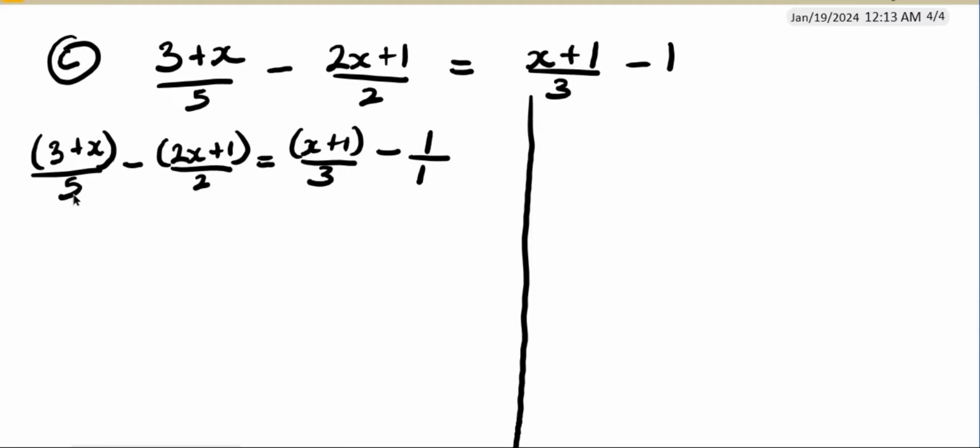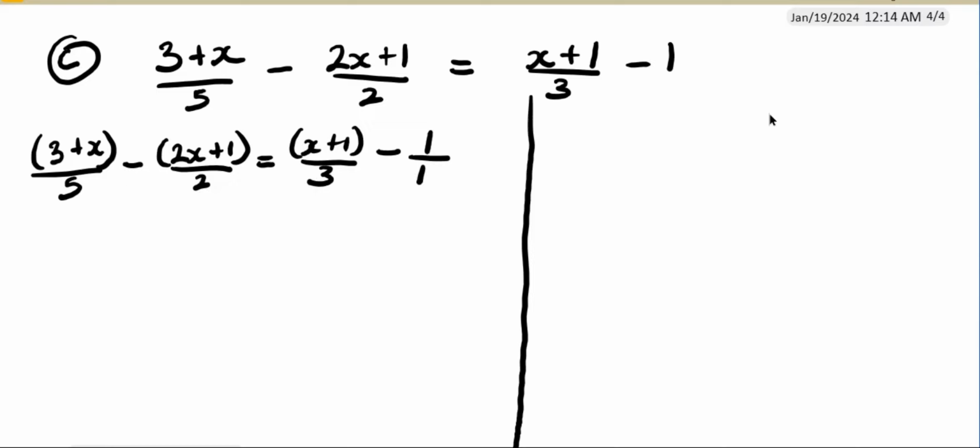Okay, so 5, 2, 3, and 1, the LCM is going to give us 15. So like we did in the previous, use 15 to multiply each of these expressions.